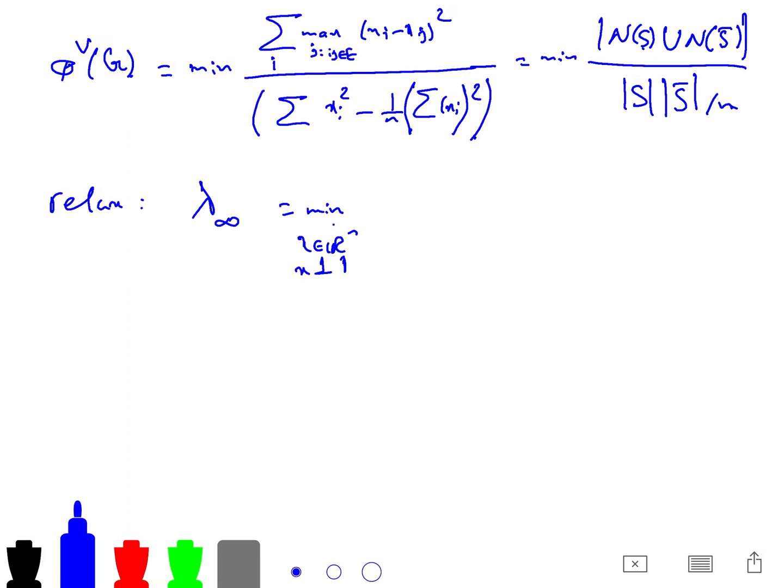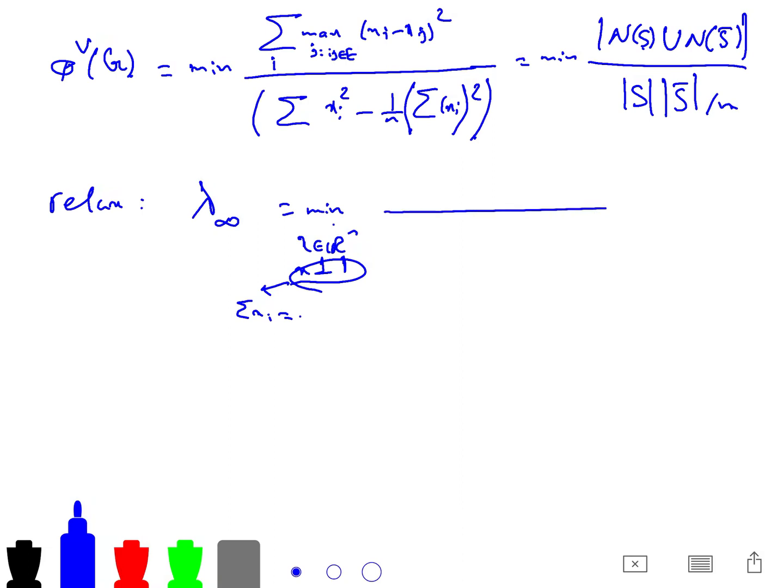In order to separate S and S bar, we should say which of them are 1 and which are minus 1. So this one means that the sum of xi is equal to 0.